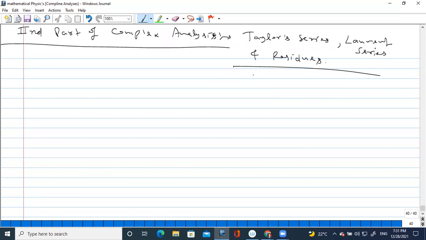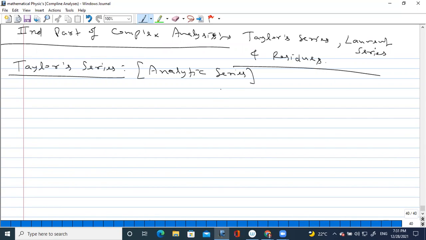So from here also questions come. Starting with Taylor series. Whenever Taylor series is there, I already told you that this is analytic in nature. So complete Taylor series is an analytic series. This is also known as analytic series.